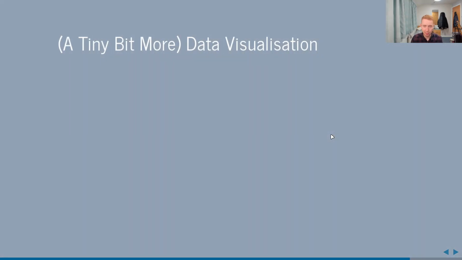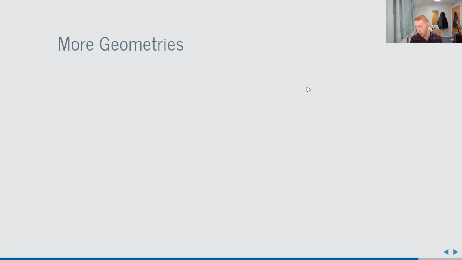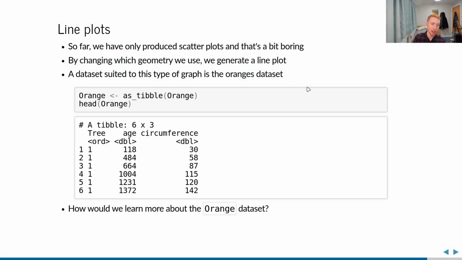Okay, so the last thing we're going to look at is a bit more about data visualization, and specifically looking at creating line plots. So we'll look at a new geometry, and that's geom_line. But to do this, we're going to need a data set that is more suitable for time series or kind of straight line plots. An example of such a data set is the Orange data set.